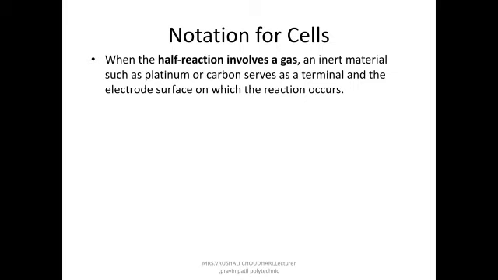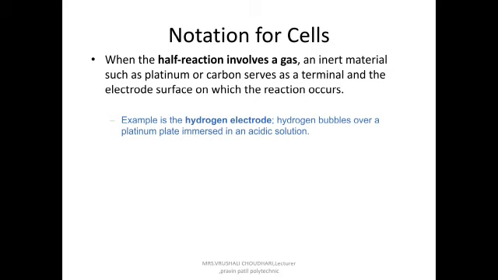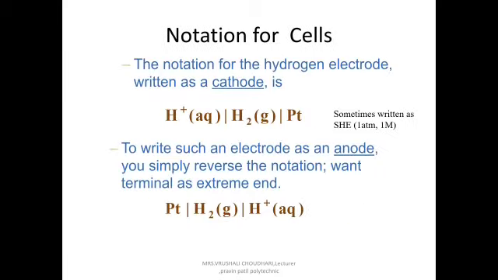When reactions involve a gas, an inert material like a platinum or carbon rod is used as an electrode, like a hydrogen electrode. So hydrogen gas in the presence of H plus ions and platinum, which is called an inert electrode.